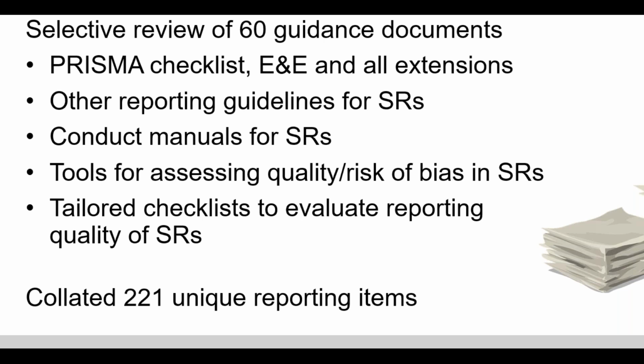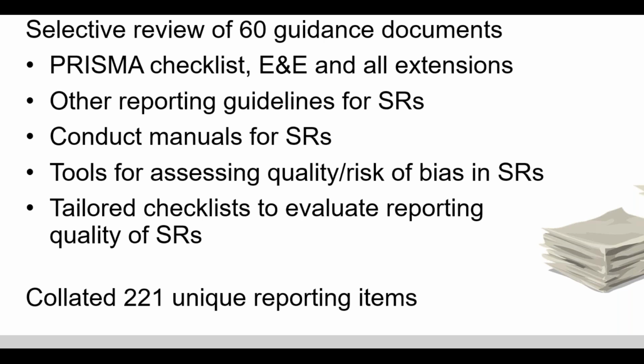And so we essentially collated the original 2009 checklist, its explanation and elaboration document, and all of the PRISMA extensions, other reporting guidelines for systematic reviews, for example, Cochrane's MECIR reporting guidance, as well as guidance from other societies, such as the American Psychological Association, each of which had produced some guidance on how to report reviews.